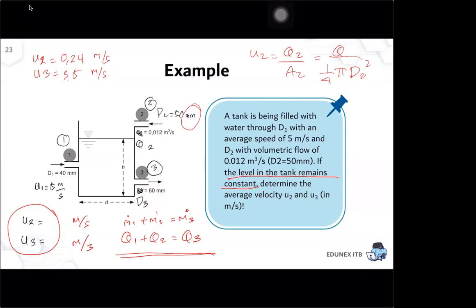Oh, no. Just calculate first. What is the number that you get? So I did 0.012 divided by 1/4 times pi times 0.05. Because you changed 50 millimeters to meters, that's divided by 1,000.